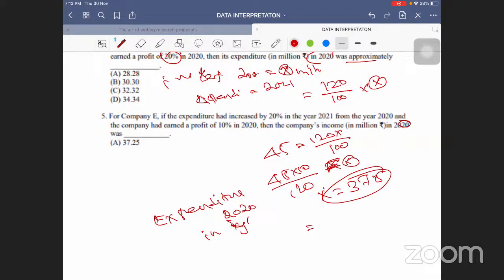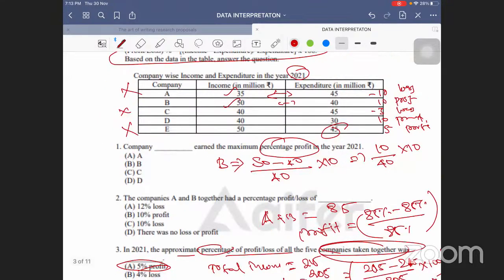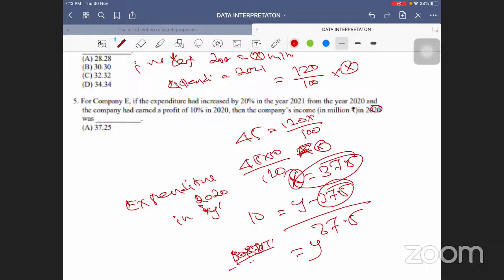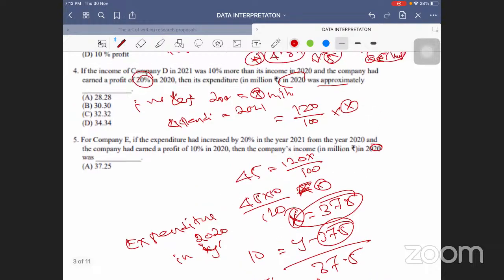We know that the 2021 expenditure, so the 10% profit is equal to 10 is equal to Y minus 37.5 is expenditure, and expenditure minus 5, Y is equal to Y minus 37.5. So 10 into 37.5 minus 0.5. So the answer is Y is equal to 41 point something, 41.25.